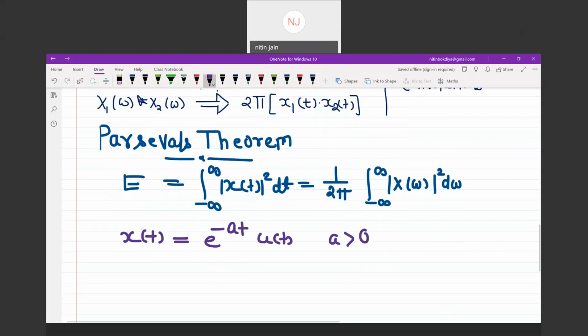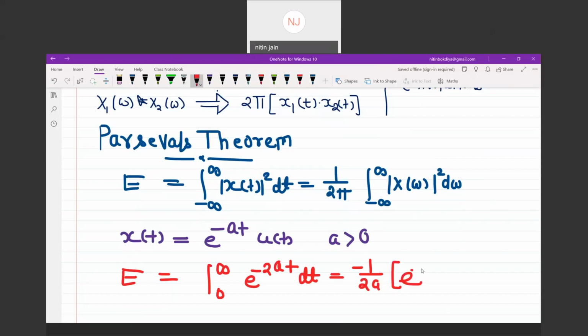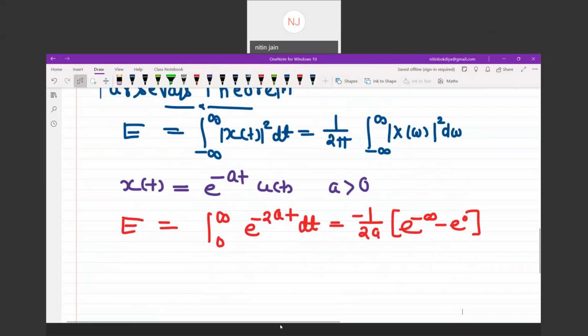The energy of this signal is given by the integral from 0 to infinity of e^(-2at) dt. The integration gives minus 1 by 2a times e^(-infinity) minus e^0, which gives the value 1 by 2a joule.